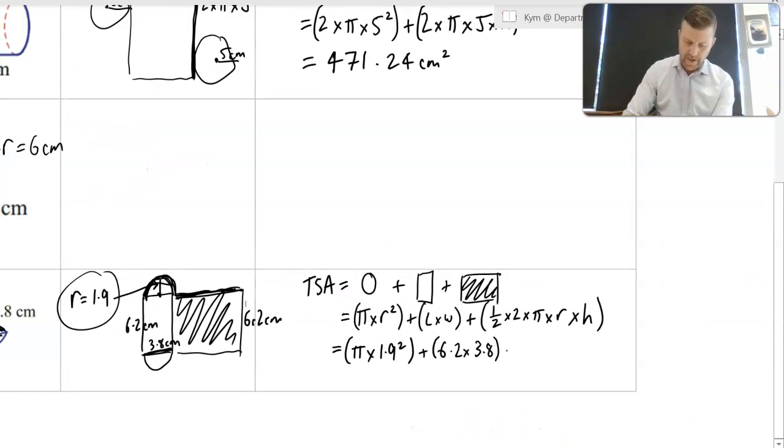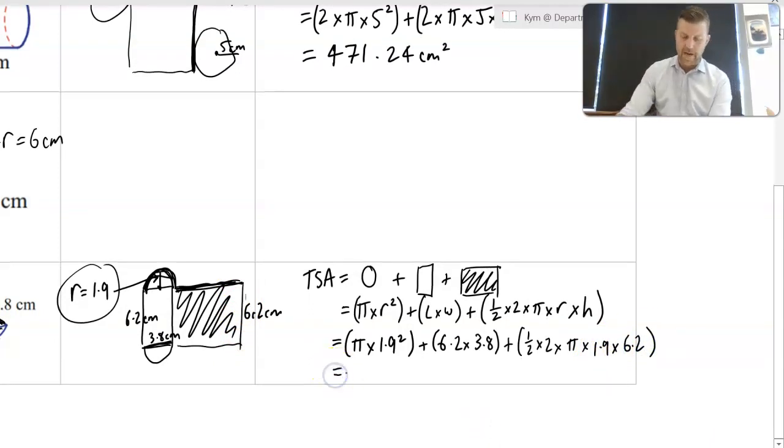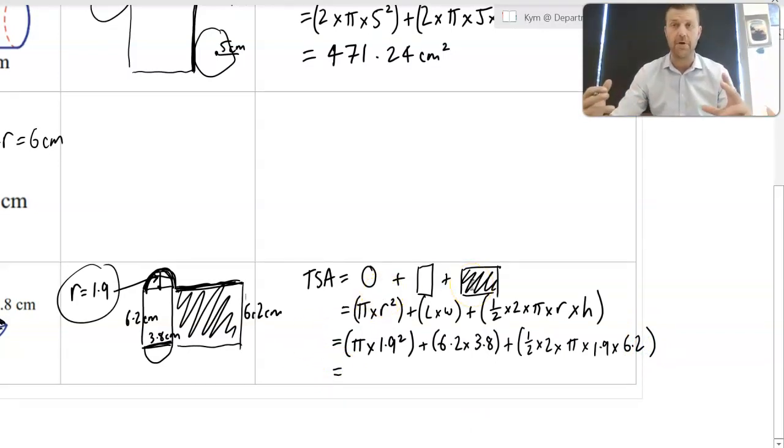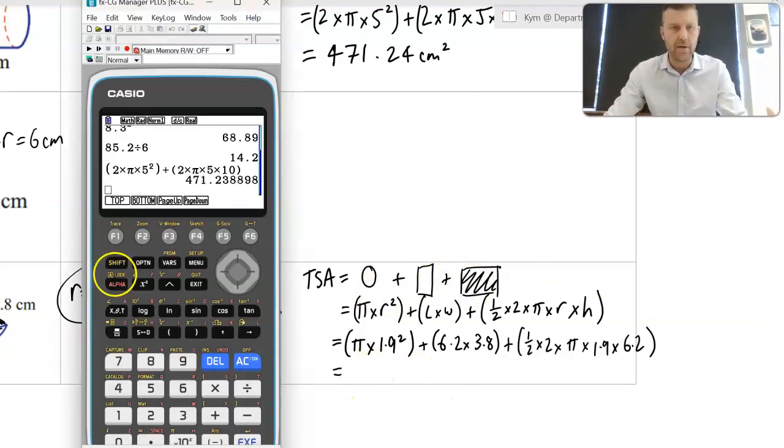Then we're adding a half times 2 times pi times the radius, which is 1.9 again, times the height, which is 6.2. Looks pretty complicated, but if you break it down into all those individual shapes and understand where it comes from, then it becomes a little bit more manageable. So then that will just go straight into our calculator again.